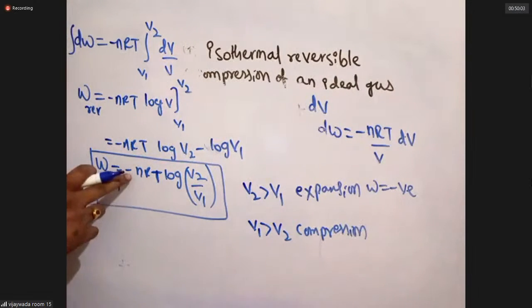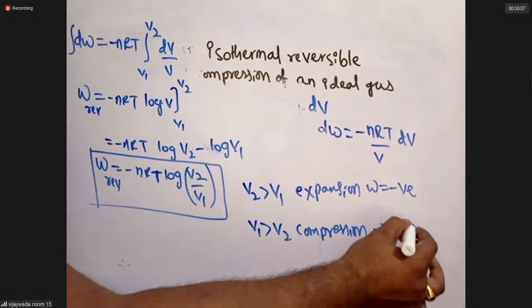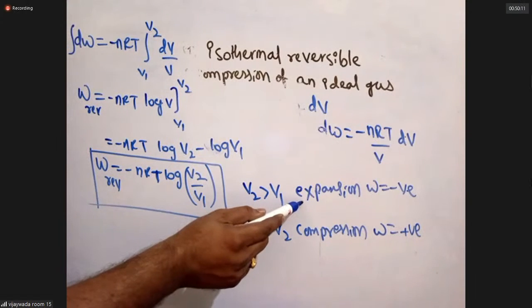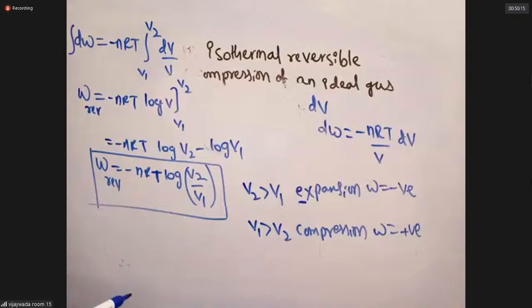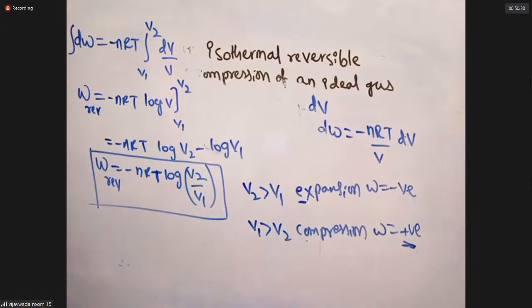So minus plus. That's why work done in compression is positive. You can understand now. Expansion is work done by the system. That's why negative. Compression is work done on system. That's why positive. So students, very important equation.